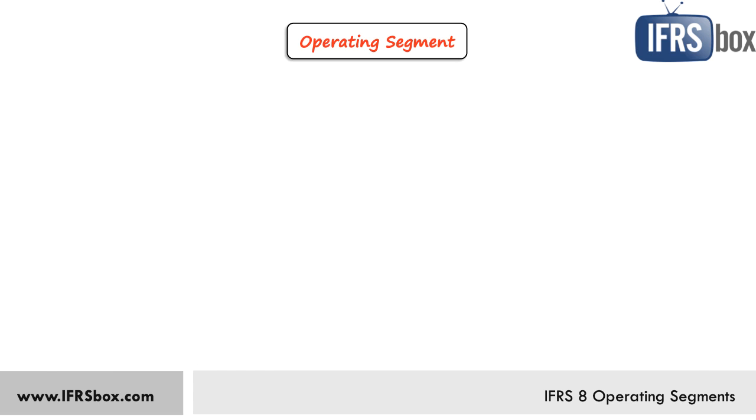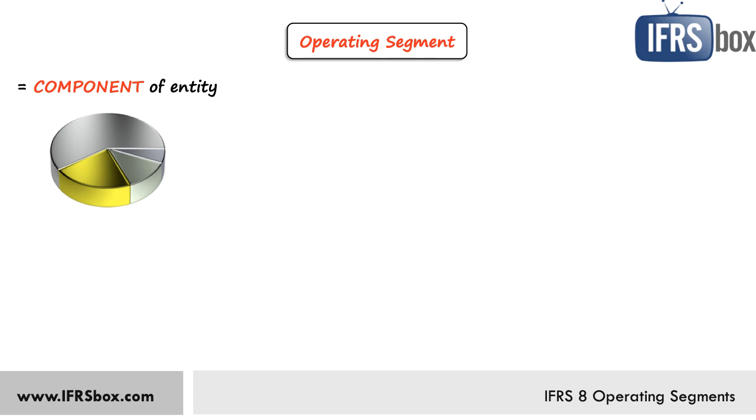What is the operating segment under IFRS 8? It is a component or a part of an entity that may earn revenues and incur expenses from a business activity in which it is engaged, and this includes also revenues and expenses relating to transactions with other components of the same entity.